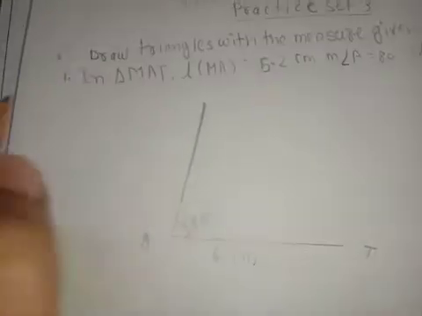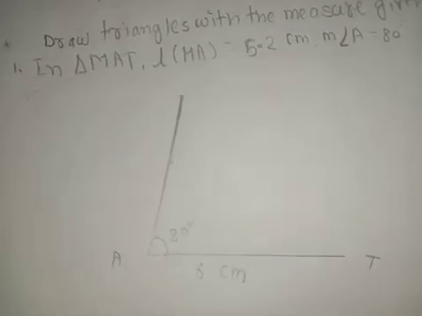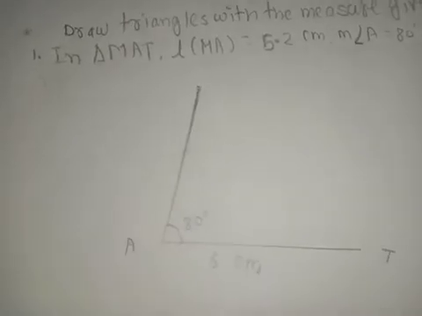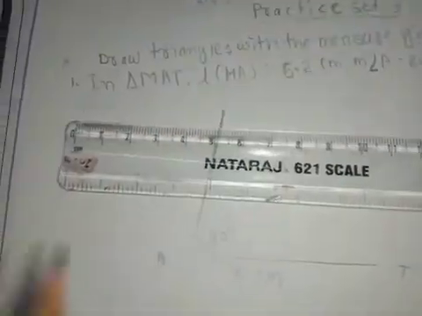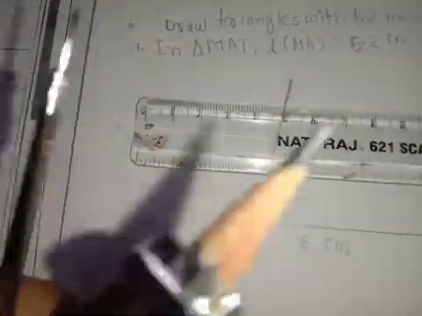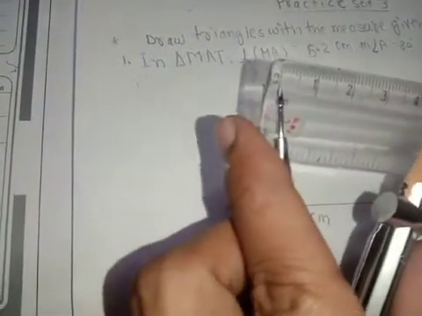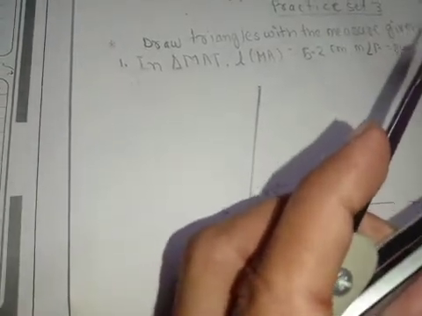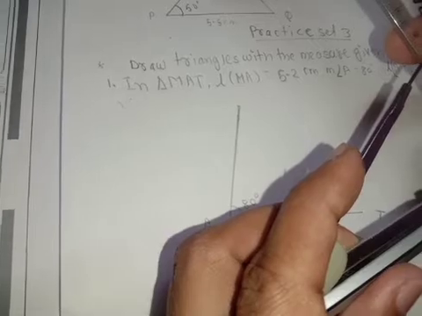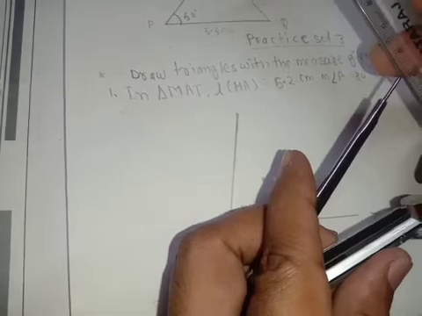Now length MA is equal to 5.2 centimeters. Let's measure the MA length using a compass and ruler.